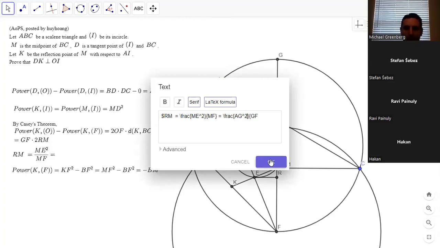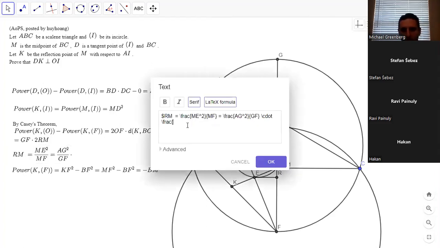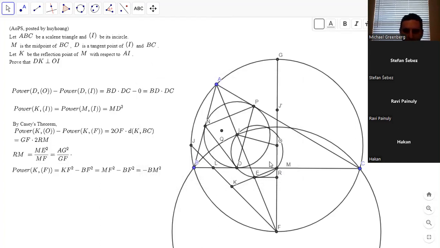But then we need to take out a factor. But if we do that, we're scaling everything. So then we need to multiply it by, basically we need to divide out the ratio, times MF over GF. Is that right?